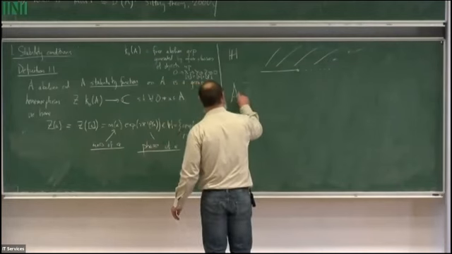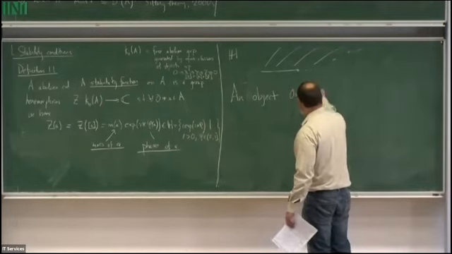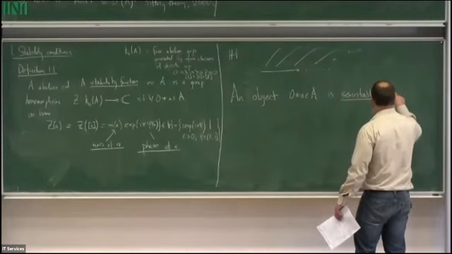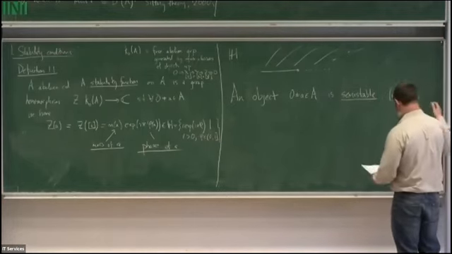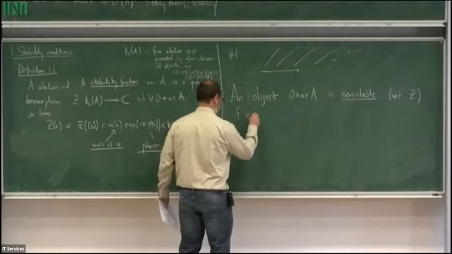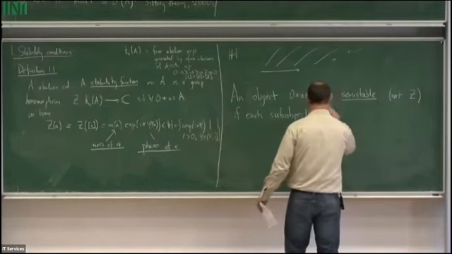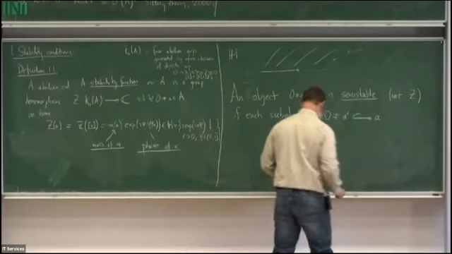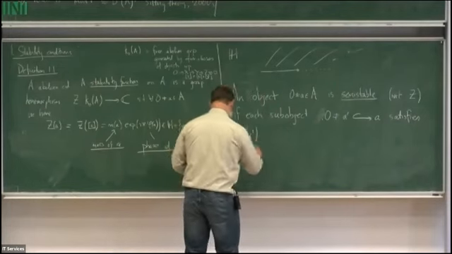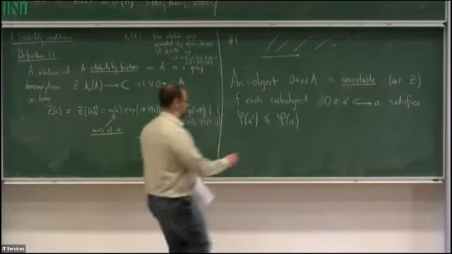So an object A in the category is semi-stable with respect to Z, but we usually omit the Z when we say this, if each sub-object satisfies that the phase of the sub-object is smaller than or equal to the phase of A. Okay, and this can also be formulated in terms of the quotient object.